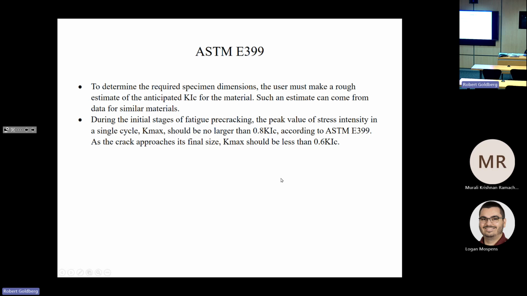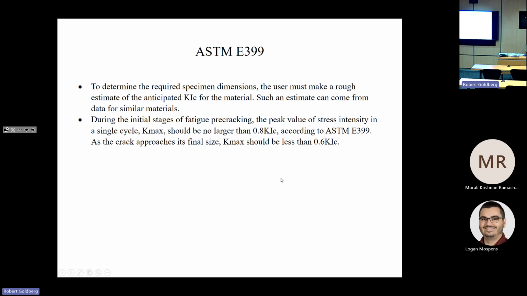And to determine the required specimen dimensions, you have to make a rough estimate of the expected K1C for your material, and such an estimate can come from data for similar materials.